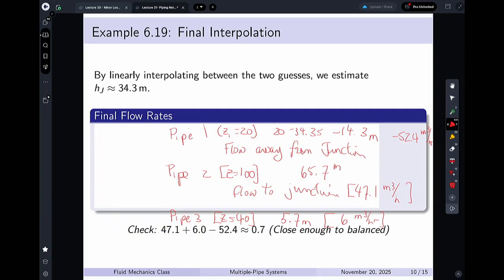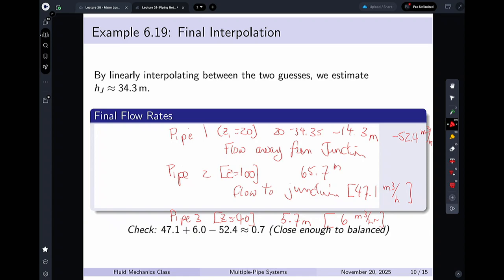And the other two balance it out. So 47.16 and 52.4, and you end up with a slight offset of 0.7. And within the percentage accuracy we can achieve, that's actually pretty good.